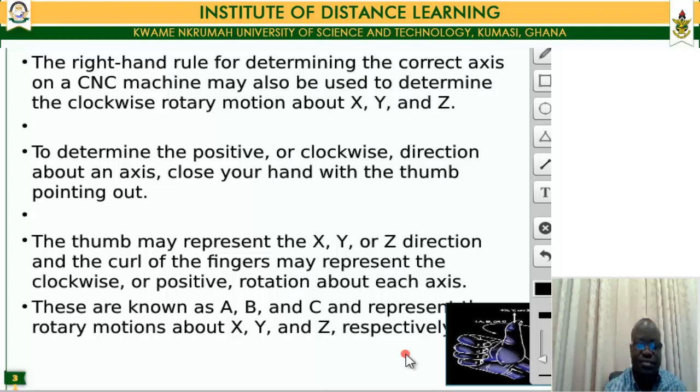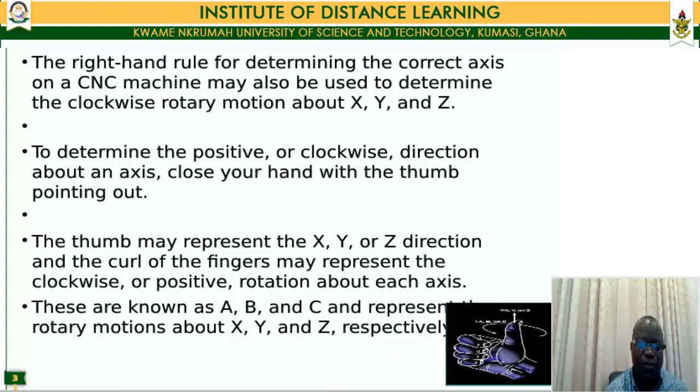If I point my thumb this way, maybe to show that of a lathe machine, I put my thumb along the axis of the spindle and curl my hand that way. Then what I'm showing is the clockwise direction of rotation of the spindle. And that is how you determine the direction of rotation on any machine like a CNC lathe or a CNC mill.